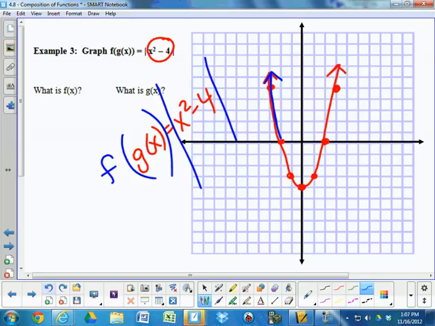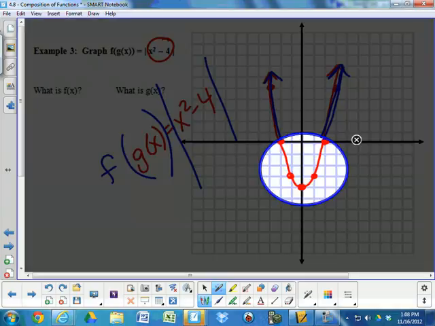So these outputs up here are also positive, right? They stay positive. The absolute value bars do nothing to them. But all of these values that are down here are going to get flipped up.